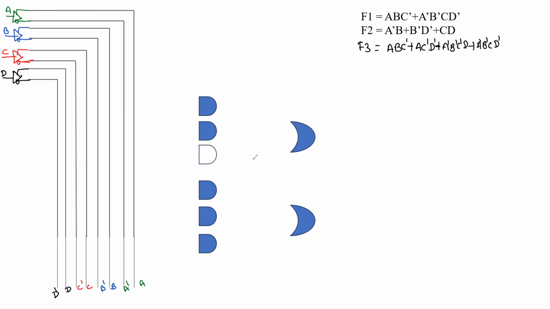So now we have to give the connections. Here, we have three functions, and all three functions will be connected here. Suppose, for example, due to lack of space, for the given PROM we are going to use only two functions here, F1 and F2.